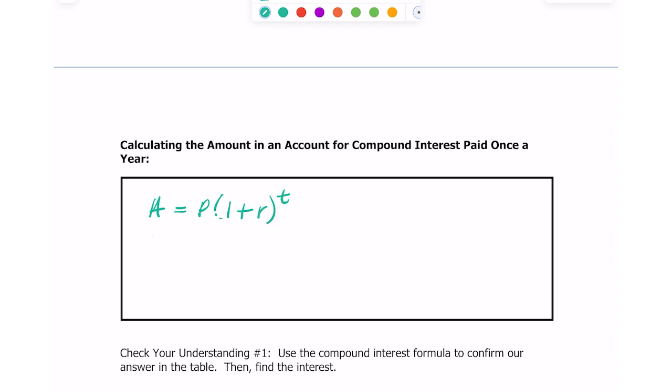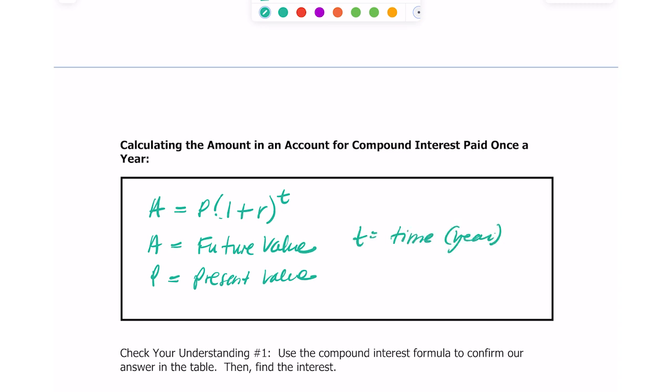A is your future value, P is your present value, T is time in years, and R is your rate, written as a decimal.